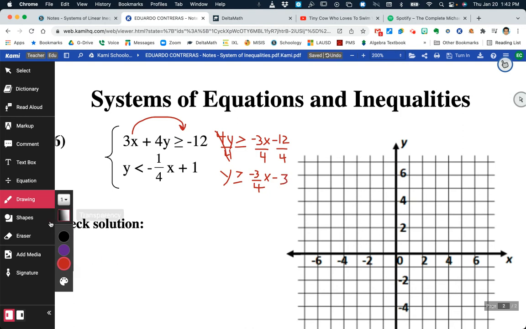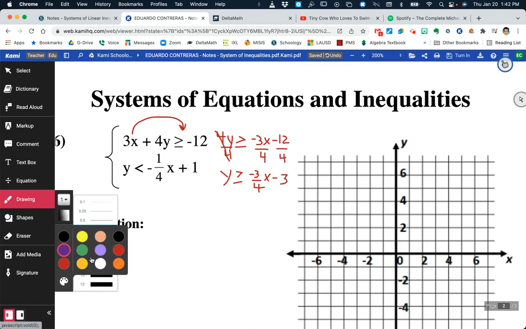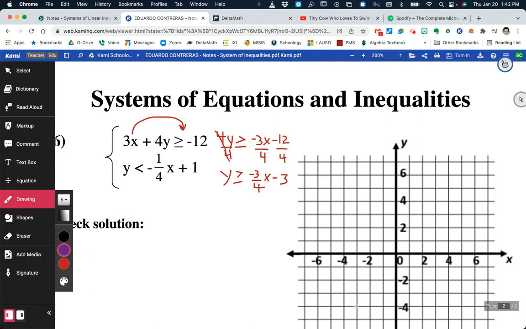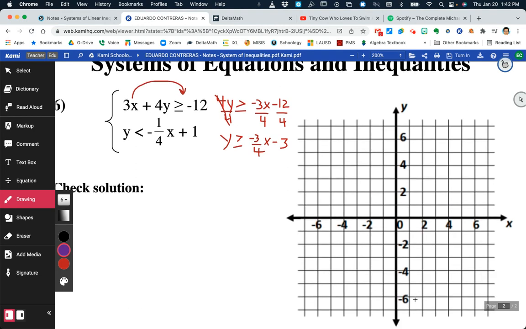Okay, so let's graph this one. So, okay, negative 3. And then we want to go down 3 over 4. Down 3 over 4. And now we'll also do up 3 over 4.